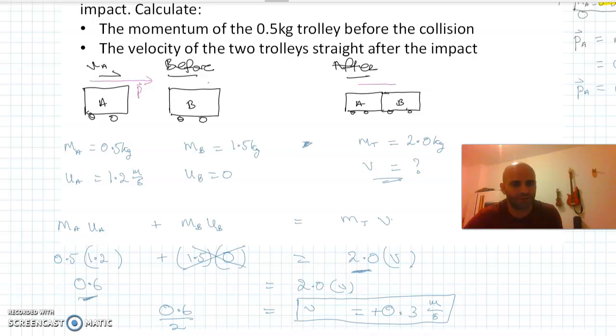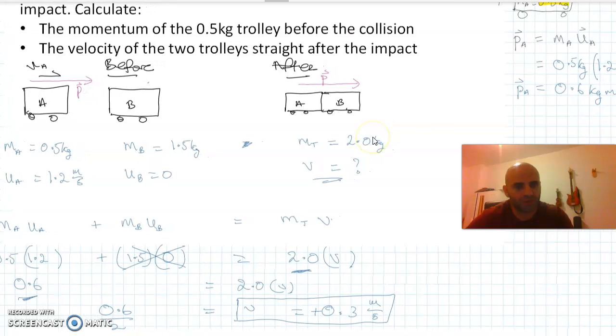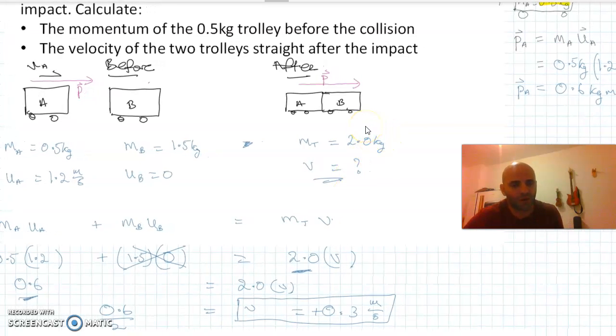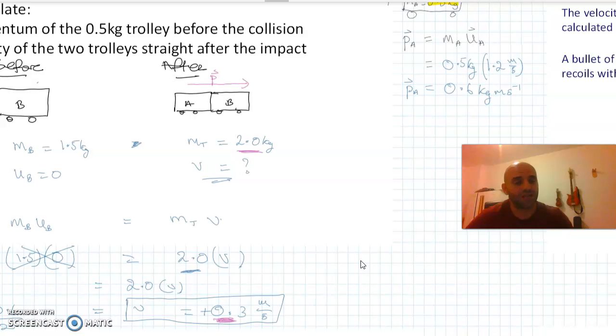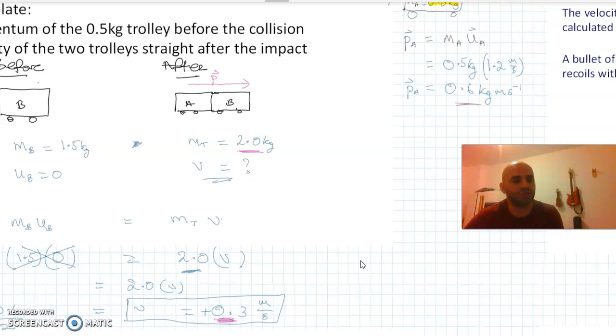After, it has to have the same momentum. So there's the momentum after collision. It's got to be the same. And if you think about it, we've got a mass of 2 kilograms, and a common velocity of 0.3. So 2 times 0.3 is going to be 0.6, which is exactly what the momentum was before the collision.